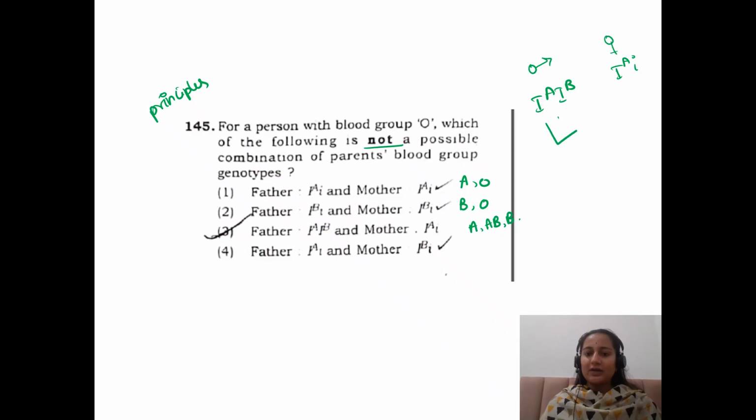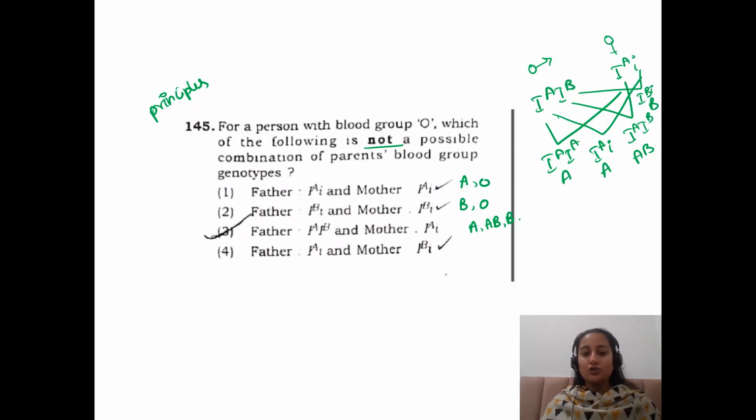The gametes from here will make A group possible: IAIA, A is possible. IAIB, AB is possible. IBi, B is possible. But there is no chance for the O group.